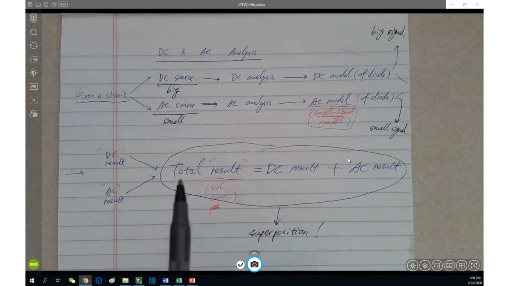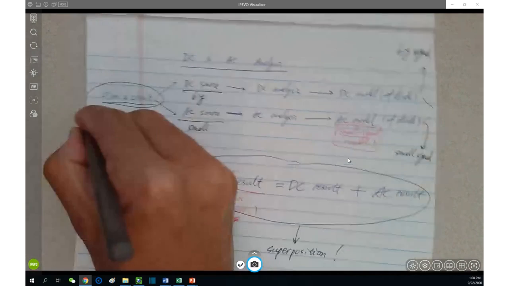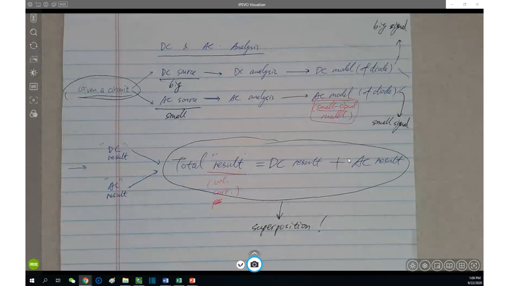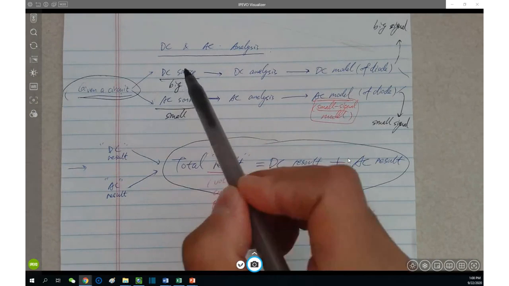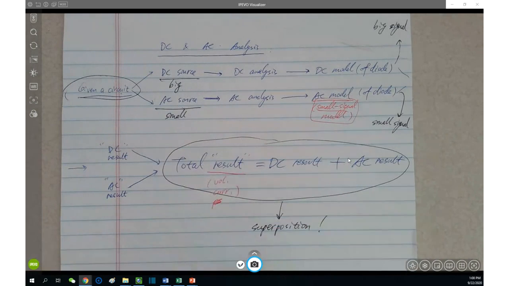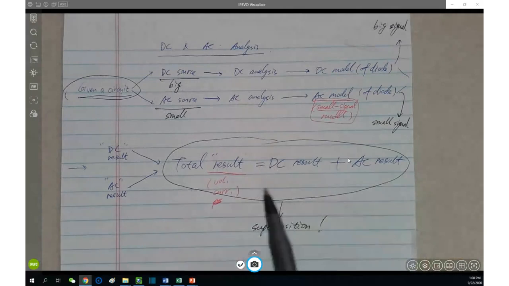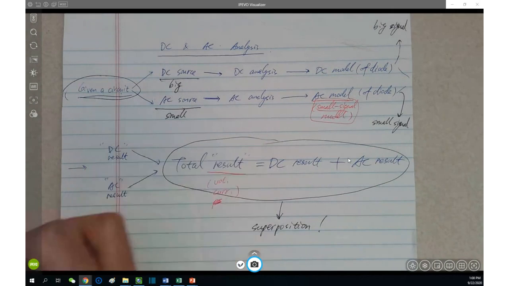So if you're looking for one voltage or current in a given circuit, and you see one DC source and one AC source, or even multiple DC and AC sources, what do you want to do? Respectively conduct the DC analysis and the AC analysis, and the total result, you just sum them up. Superposition. Generally speaking, in our diode and transistor circuits, we're going to see one DC supply and one AC input source.